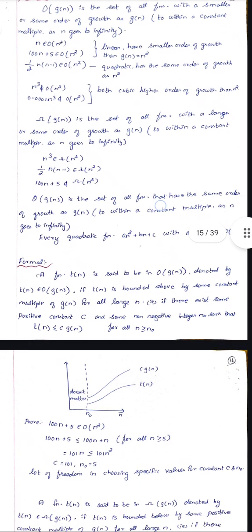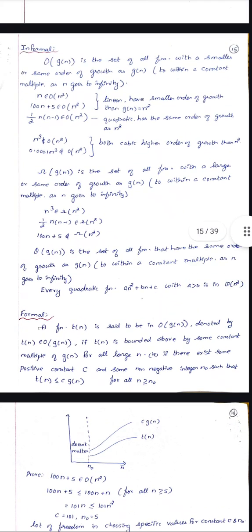Big O, big omega: one thing you have to remember, the set of all functions with a smaller or same order as g of n is big O of g of n. Big O of n square.